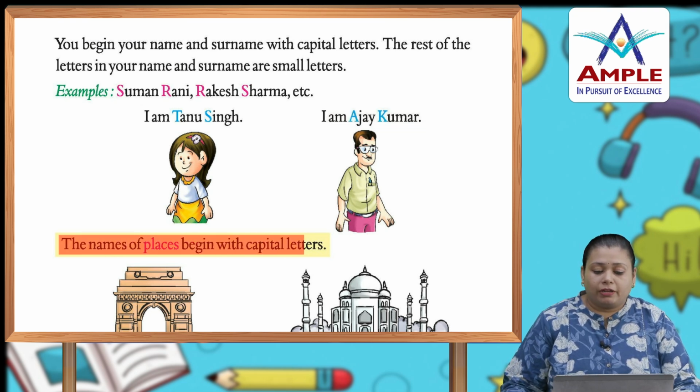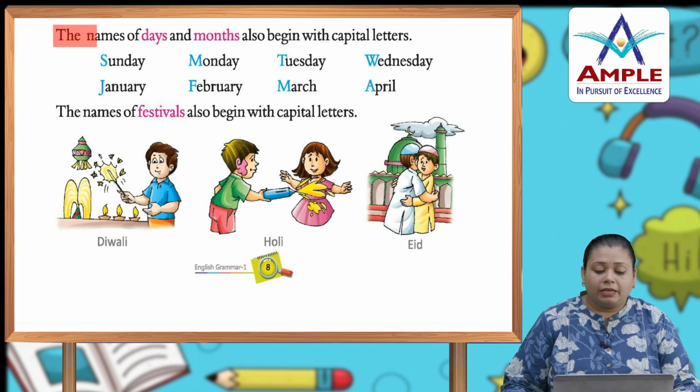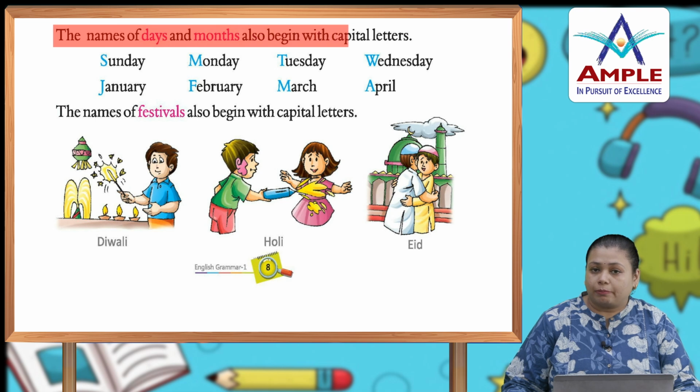The names of places begin with capital letters. Okay. Delhi and Agra. The names of the days and months also begin with capital letters.